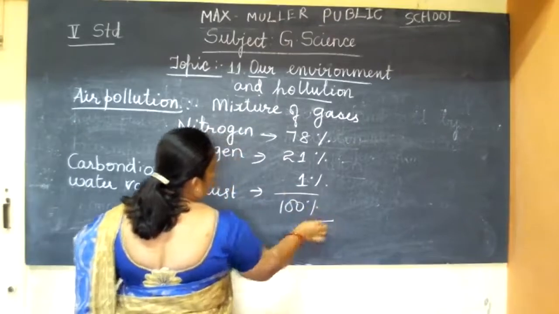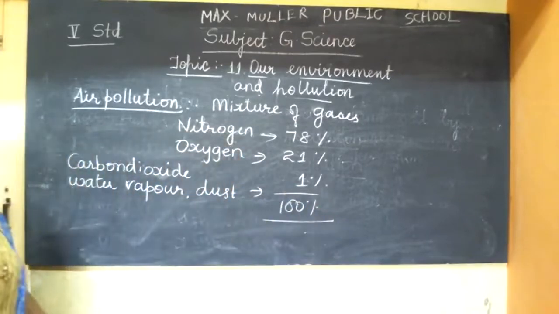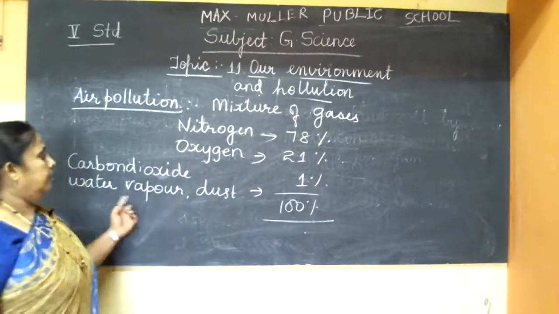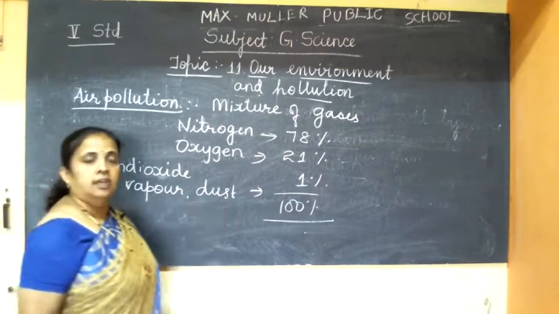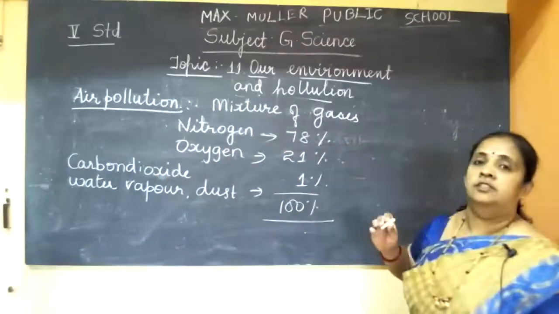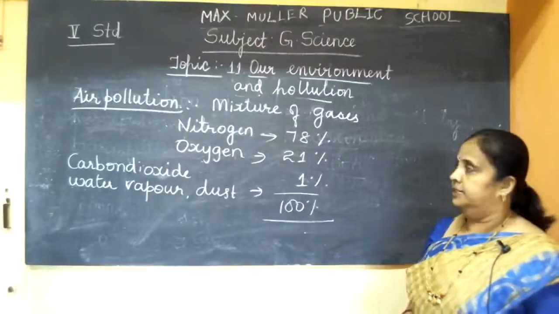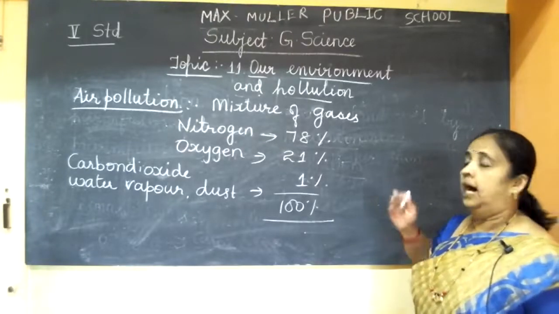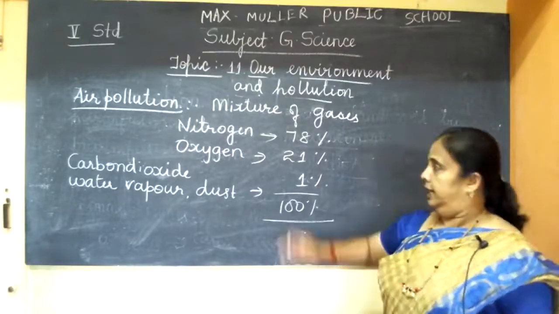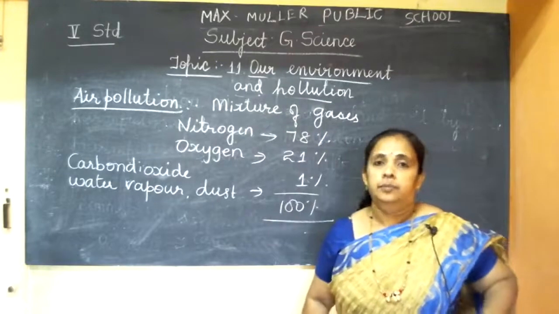So air contains all these things, it is a mixture of gases. If this percentage is disturbed or varies when harmful substances get mixed into the air, that causes air pollution.